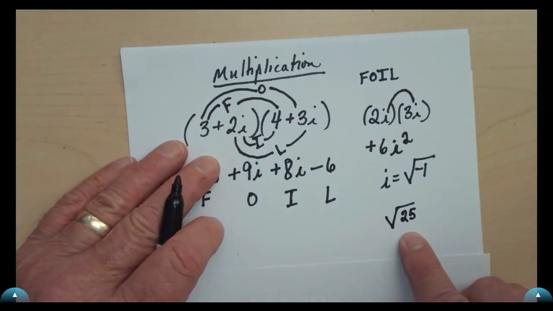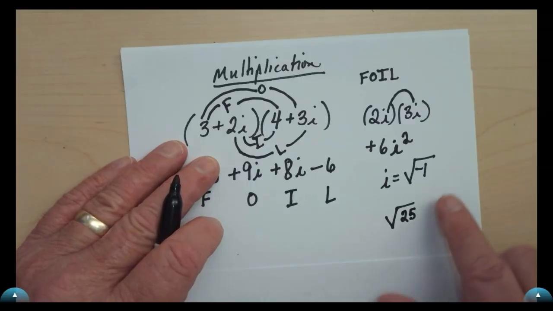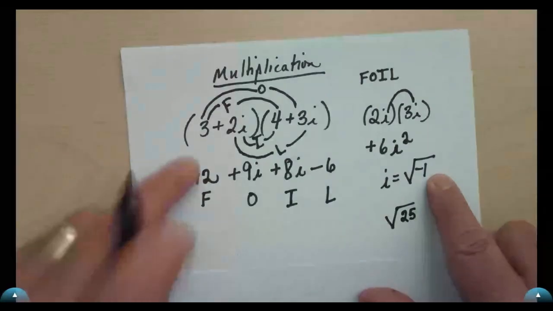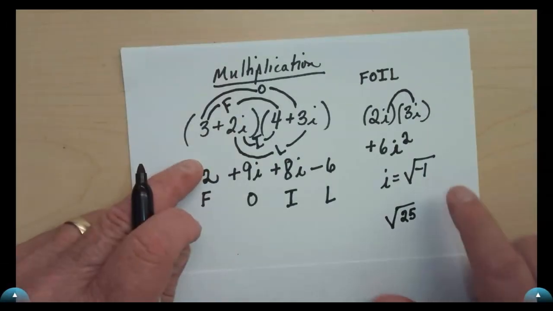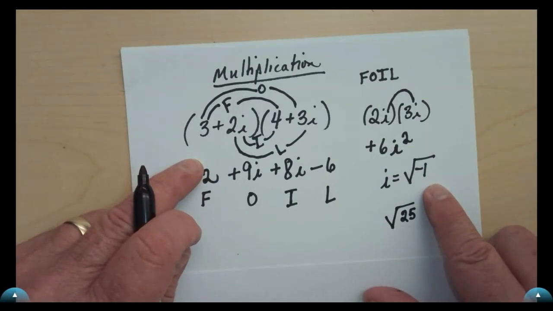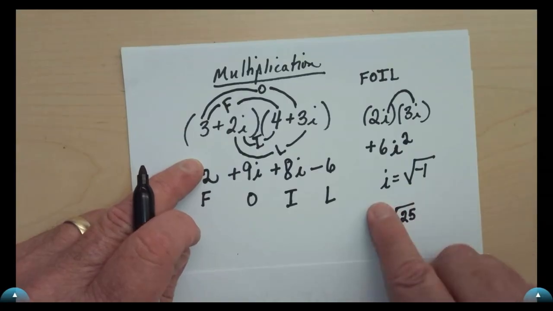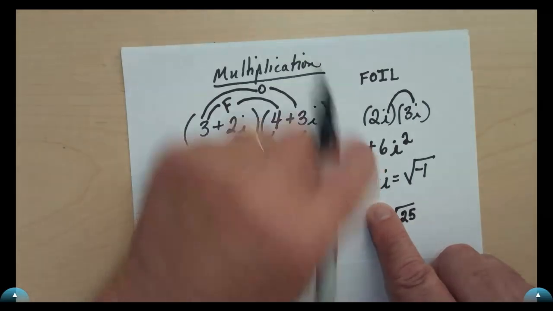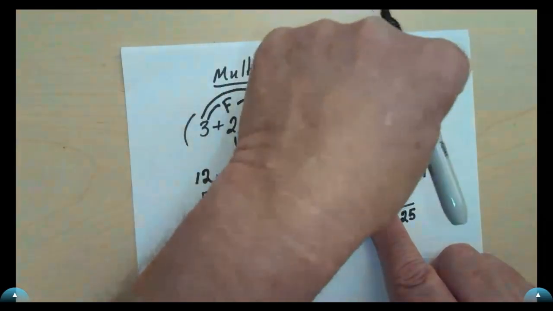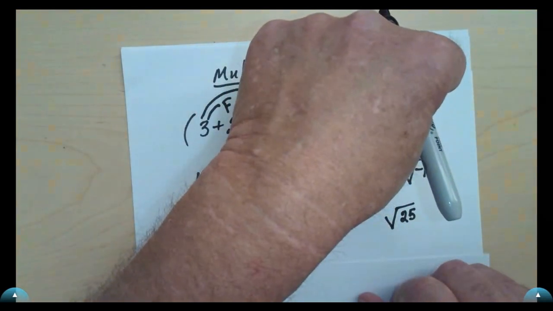Well, then do you agree that the square root of negative 1 would have to be whatever number I would square to get negative 1? Well, I say that the square root of negative 1 is i. Doesn't that mean that i squared has to be equal to negative 1? Y'all see what I'm saying?